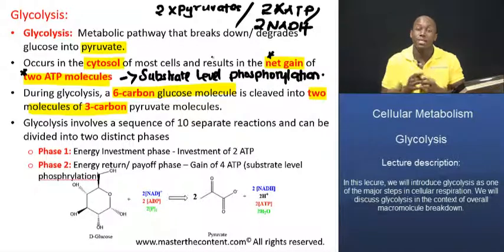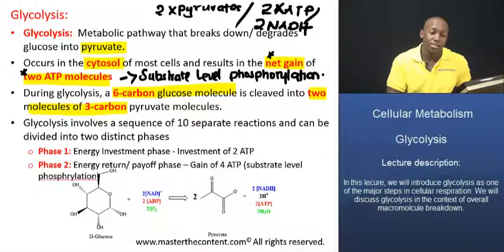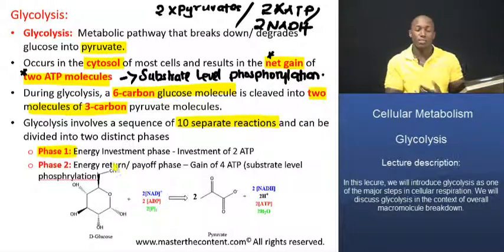Now, glycolysis in and of itself involves a sequence of about 10 separate reactions, and we can divide these reactions into 2 distinct phases. The first phase is the investment of energy, the stages of the reaction that require the input of ATP. In this phase, we use 2 molecules of ATP per molecule of glucose.